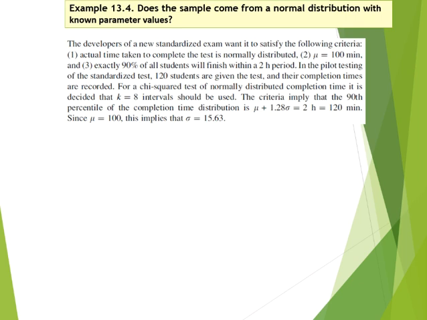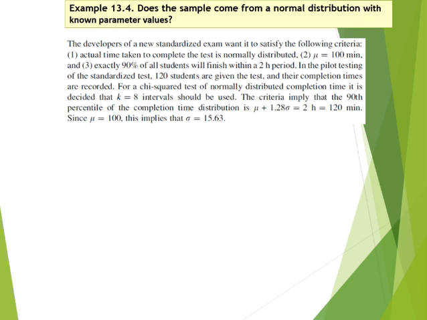In the pilot testing of the standardized test, 120 students are given a test and their completion times are recorded. For a chi-square test of goodness of fit to test whether it's normally distributed, it's decided that 8 intervals should be used. So you have to divide the total time taken into 8 intervals.